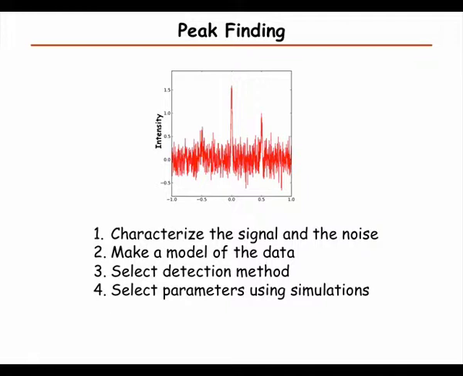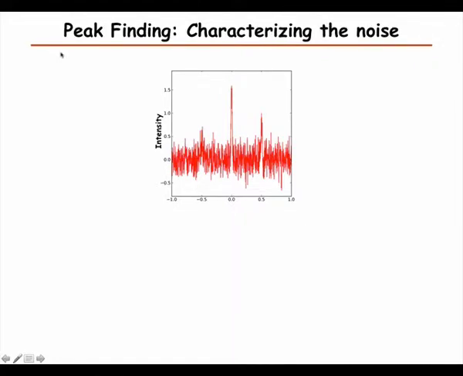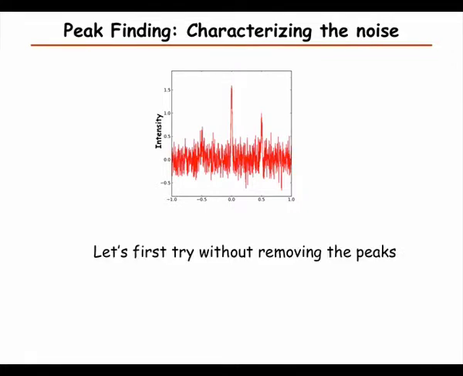So now this is just an example. We have noise. We have 3 peaks, one there and one here, and then one very weak one over here. So we start with characterizing the noise, and the easiest way, if we're lazy, is that we don't even try to remove the peaks. We just consider everything noise.